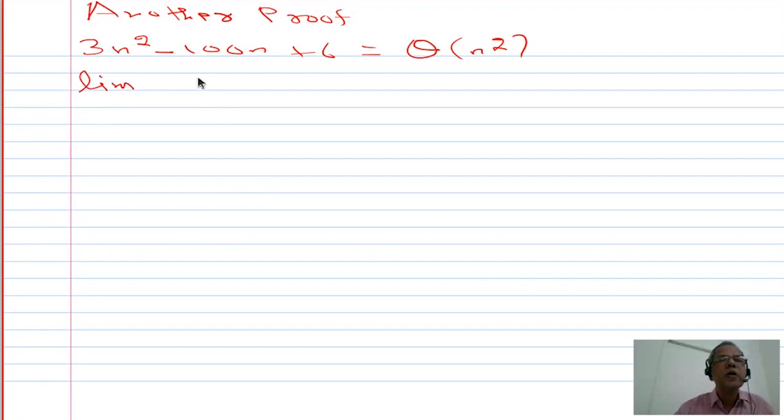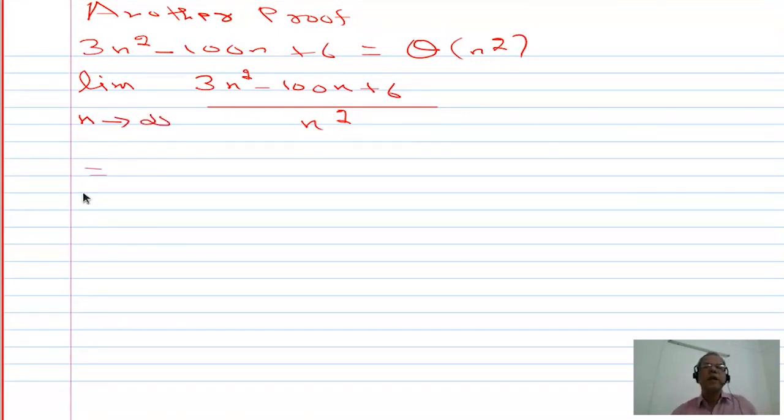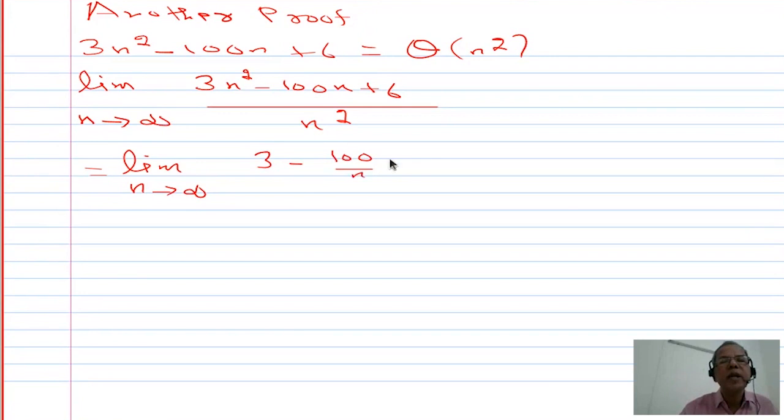Limit of 3n squared minus 100n plus 6 over n squared as n tends to infinity. If you apply infinity directly, both will be infinity. Divide both numerator and denominator by n squared, we will get the limit as n tends to infinity of 3 minus 100 by n plus 6 by n squared over 1.